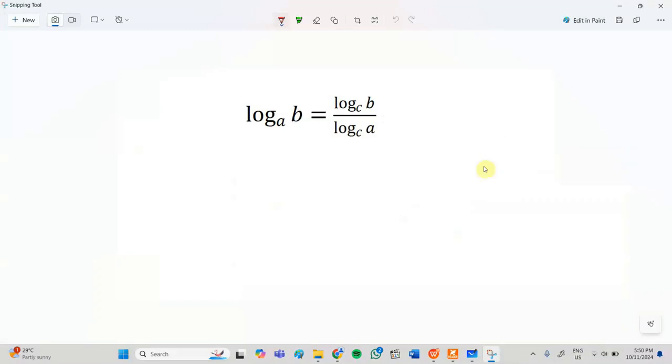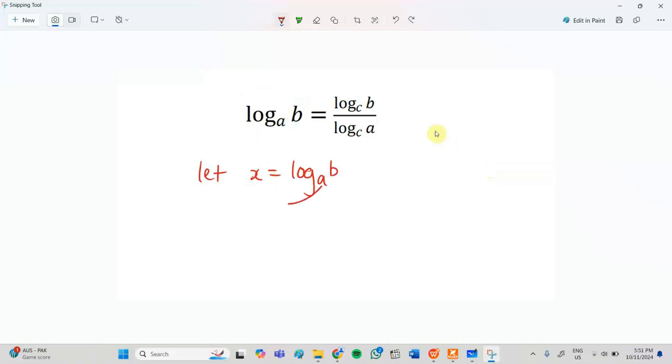To prove the change of base formula, the starting step is different now. Instead of writing this term as another value, we let x be, or you can use p or otherwise, log base a of b. We let this be x.